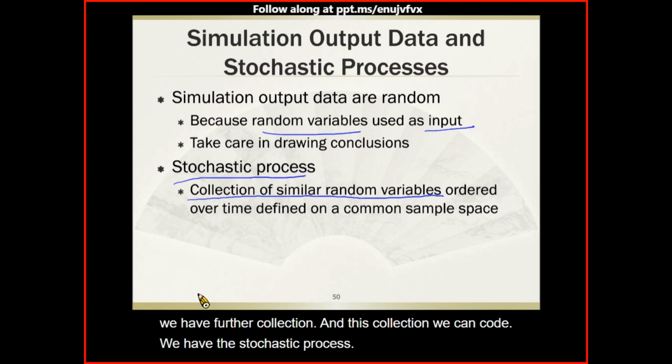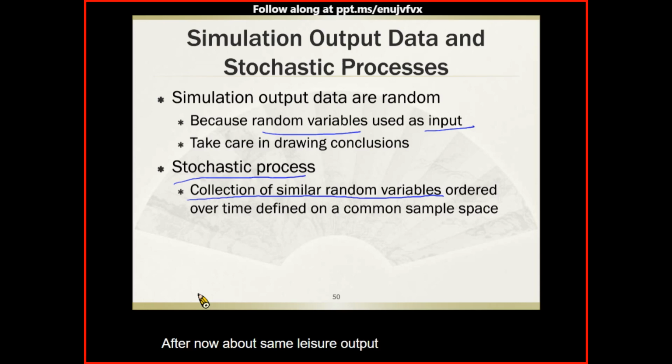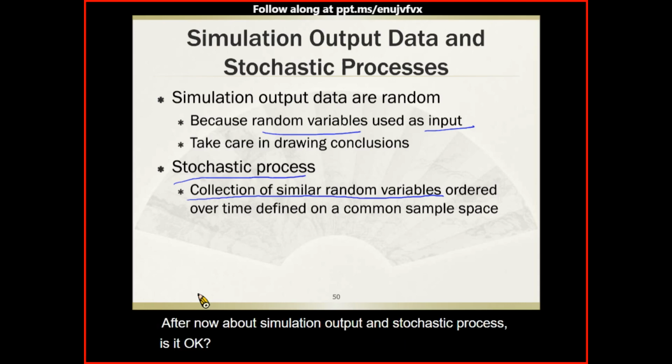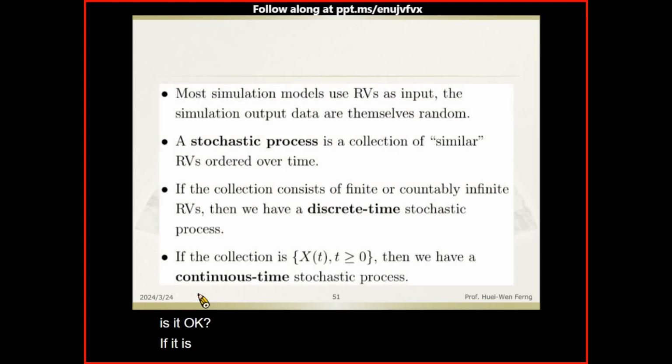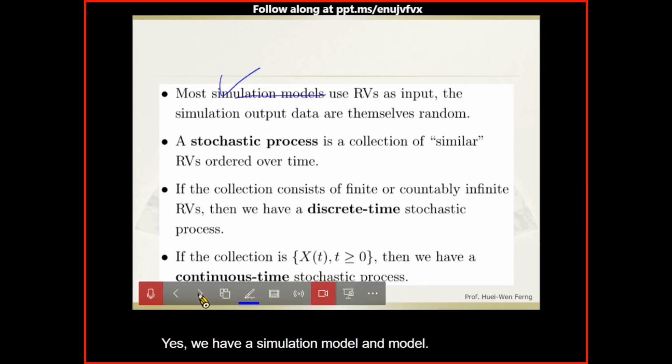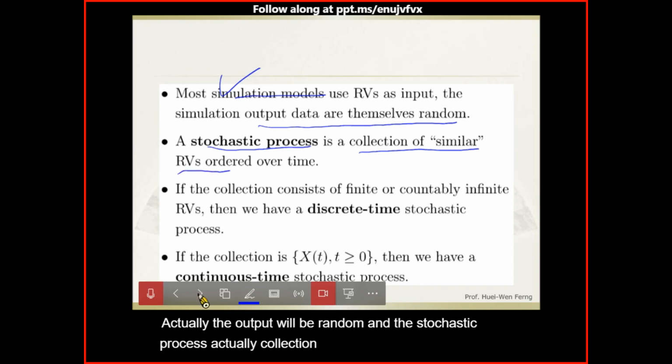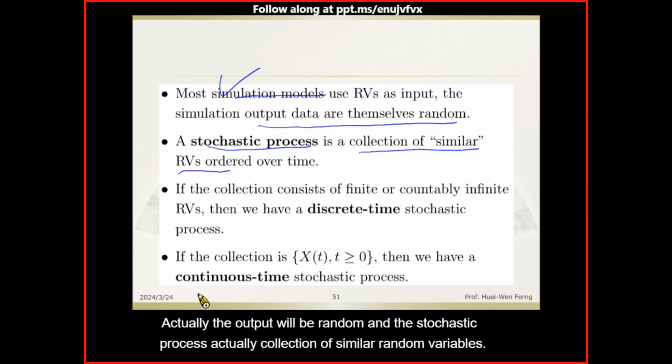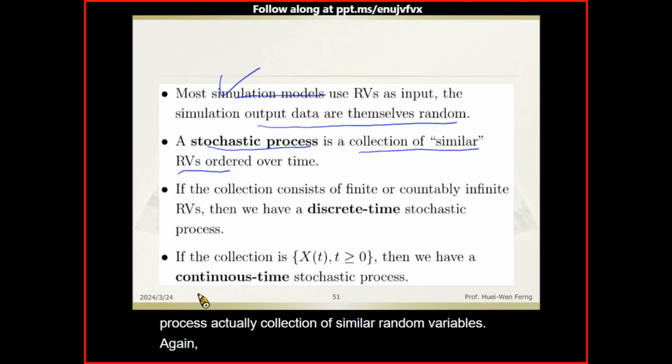Well, up to now, about simulation output and stochastic process, is it okay? Well, if it is okay, we can check the next one. Yes, we have a simulation model. Actually, the output will be random, and the stochastic process is actually a collection of similar random variables. Well, again, we can have discrete and continuous.